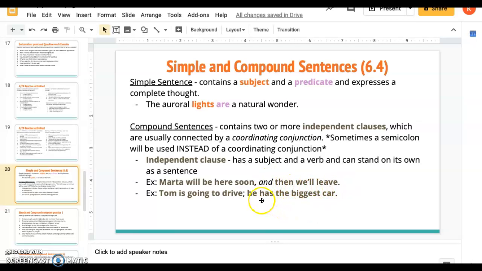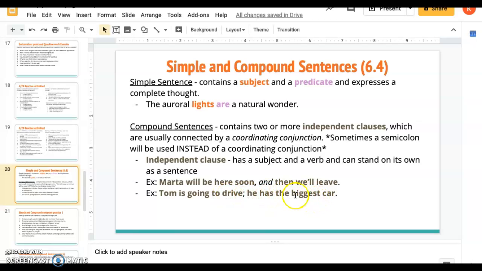The second example shows the semicolon. Tom is going to drive, semicolon, he has the biggest car. Now a semicolon can only be used when the first independent clause is related to the second independent clause. So for example, here we're talking about Tom driving. That's why we can use this semicolon because we're talking about his car.